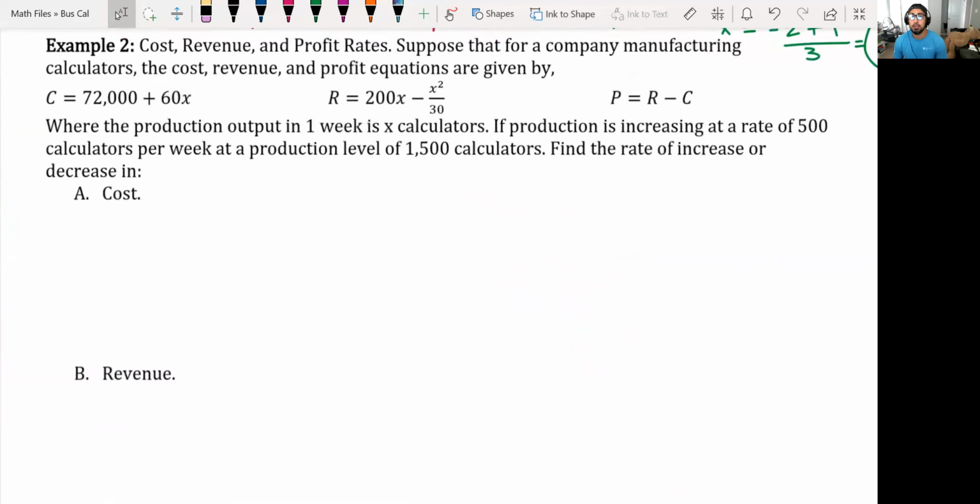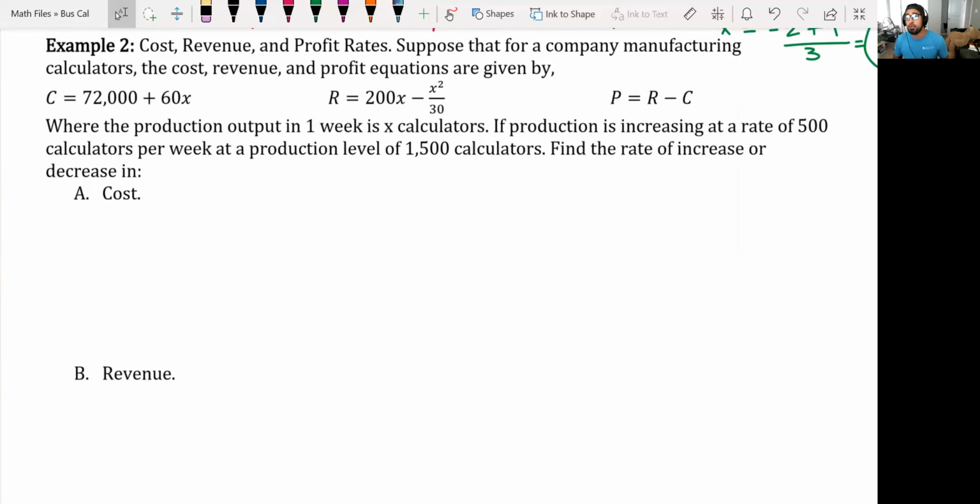All right. Example 2, cost, revenue, and profit rates. Suppose that for a company manufacturing calculators, the cost, revenue, and profit equations are given by cost is 72,000 plus 60x, revenue is 200x minus x squared over 30, and profit is revenue minus cost. That's a given. Profit's always revenue minus cost.